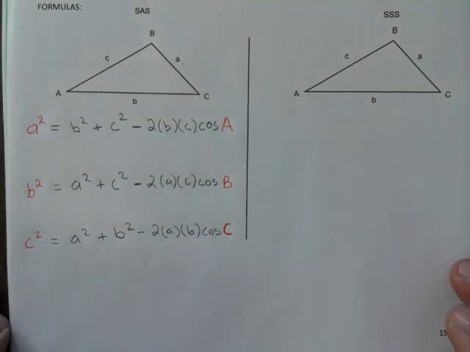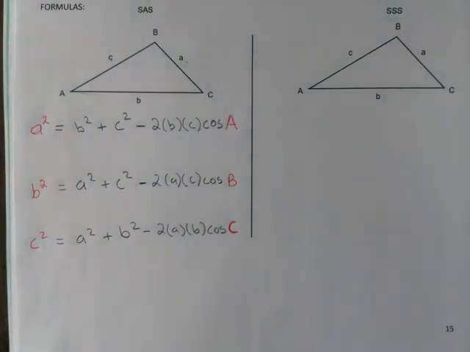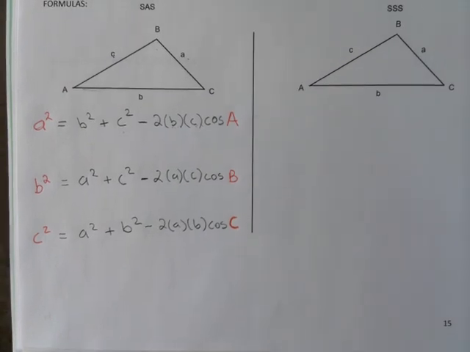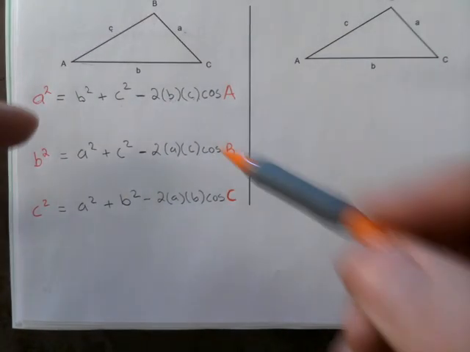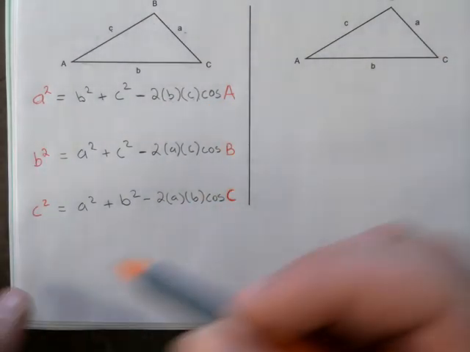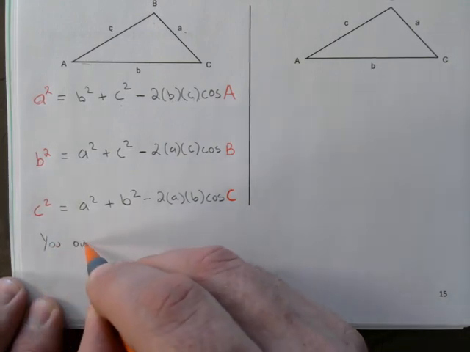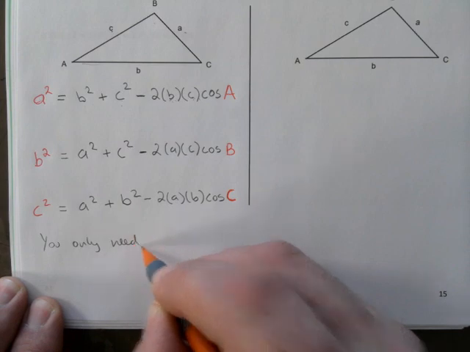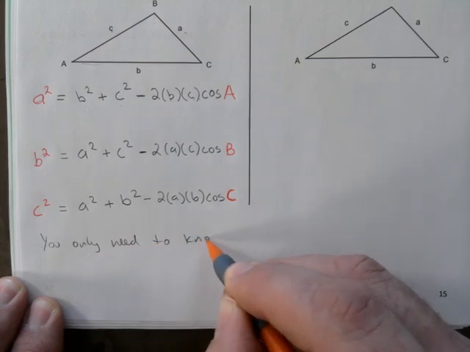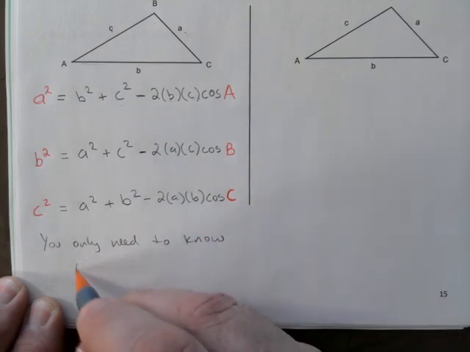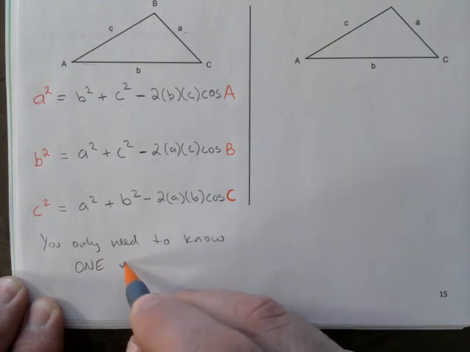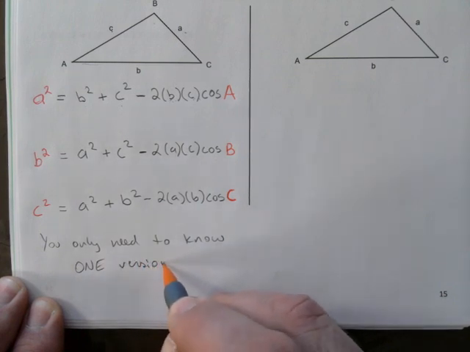And just before you panic, you're like, 3 formulas? No, just one. You just need to know one of them. These are all just variations. So I will tell you that you only need to know one version.